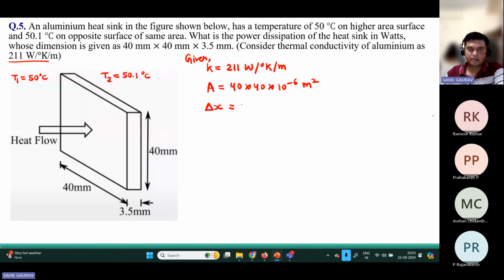So width of the heat sink will be 3.5 into 10 to the power minus 3 meter. Now you will use this heat transfer equation for the power dissipation of the heat sink. So Q equal to KA into delta T upon delta X.